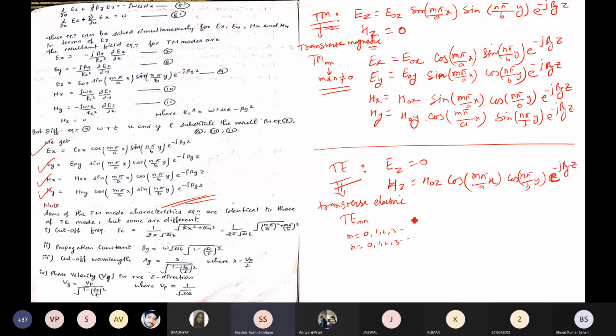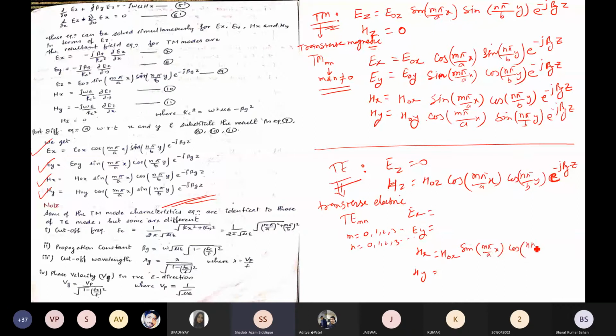Okay, so again I'm writing here Ex, Ey. Now we'll write Hx, Hy. I'll let you know what Hx is. I'm having the Hz component, so I'll first write H naught x. If we are writing Hx from Hz, the x term will be differentiated, so this will be sine m pi by a into x.